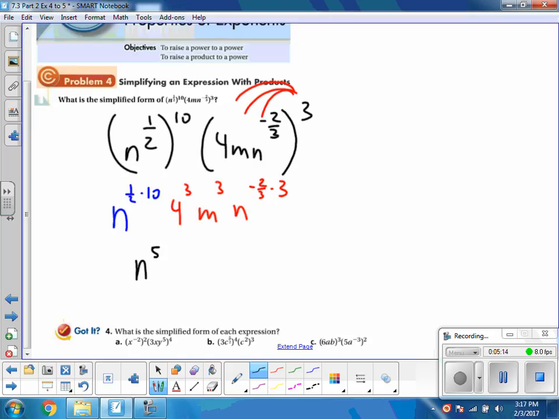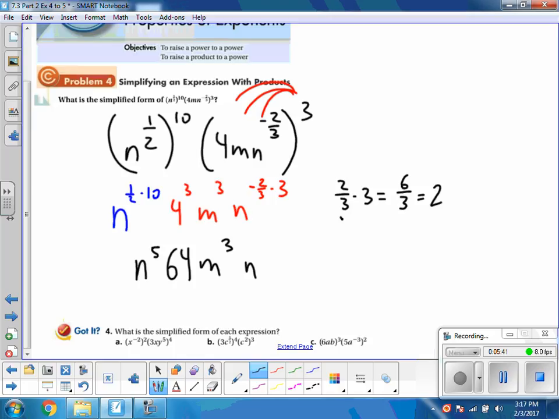And this is going to stay 4 to the 3rd, which is like 64. And we'll have to move all these around once we get them. We have m to the 3rd, and then we have n. And when I look at this, it is negative 2/3 times 3. So 2/3 times 3 ends up being 6/3, which equals 2.